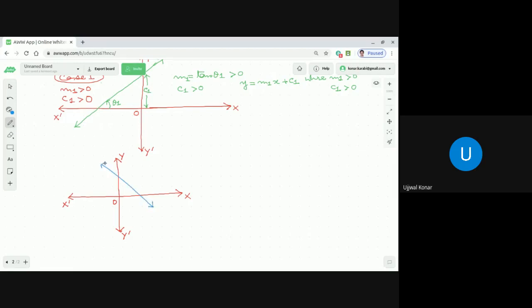If you see this kind of straight line, the angle made by the straight line with the positive direction of the x-axis is obtuse, so the tan of that obtuse angle is negative. Suppose that is theta 2, and suppose this point of intercept is A2, and this is c2, which is also positive. Correct? So what is m2 here?